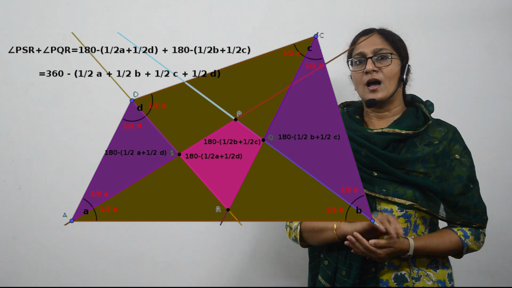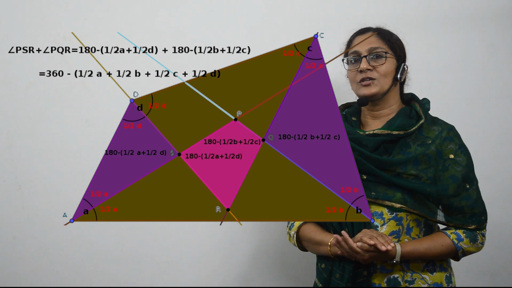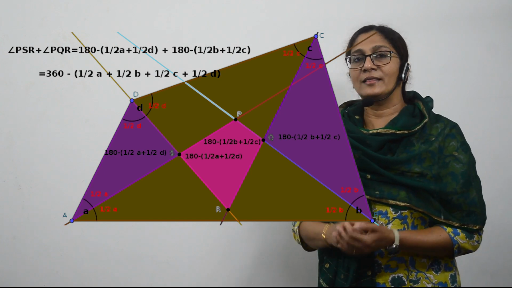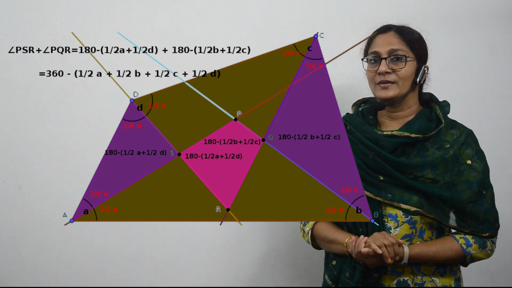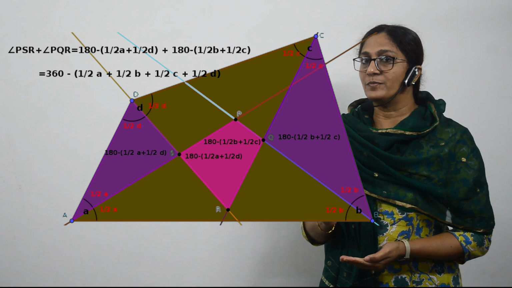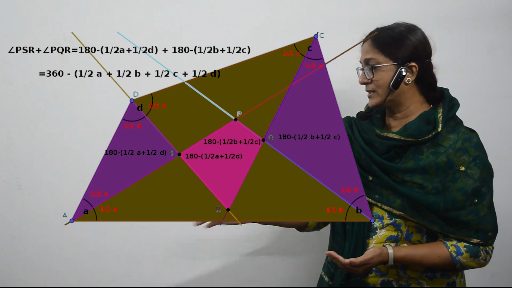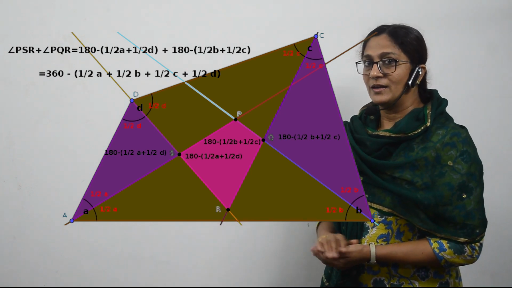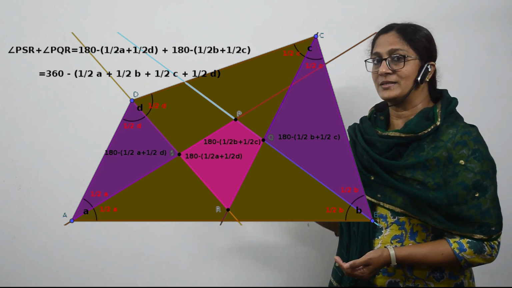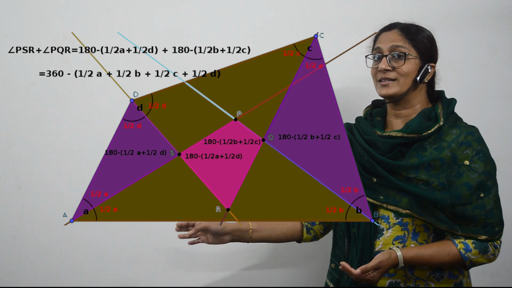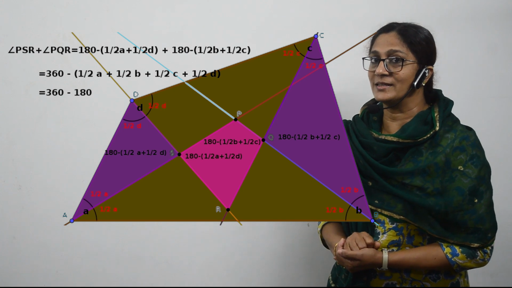Then what about half of A plus half of B plus half of C plus half of D? Surely, if you take half of all the angles, the sum will be half of 360, that is 180. Now let's come to the continuation. 360 minus (half A plus half B plus half C plus half D) equals 360 minus 180, that is 180 degrees.